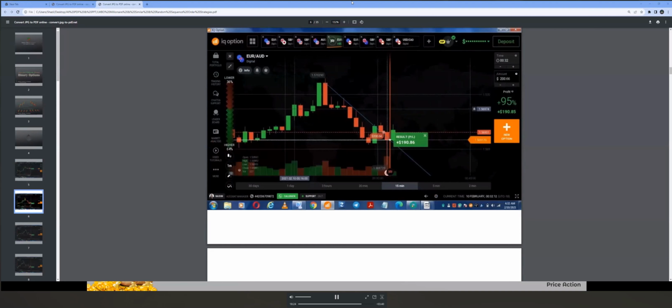Here you can find last green, 2 red. Last green, 5 red. So we can expect that after the last green, a minimum of 2 red will be there. After the red, we will go for the sell. And if you find the similarity here, the last red, 2 green, the last red, we will trade this one. Here it's a win, and here it's a win. And you can find $190 in one entry.